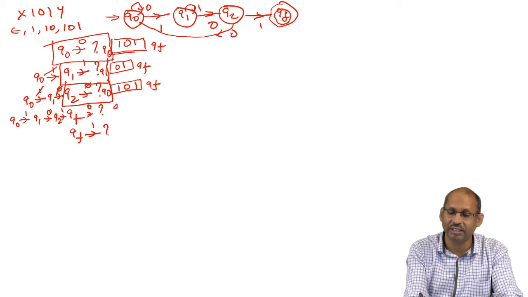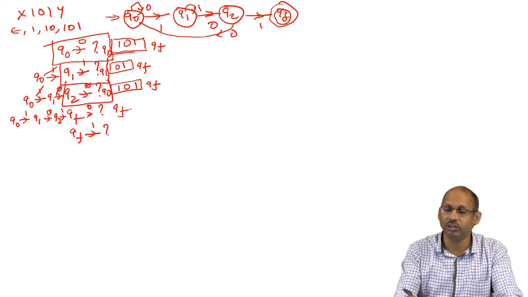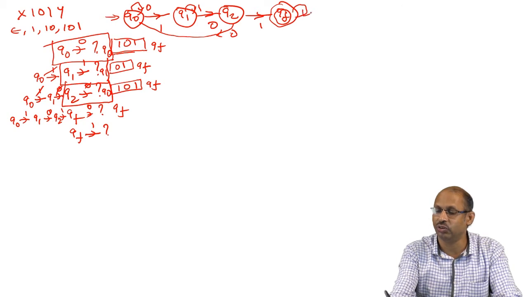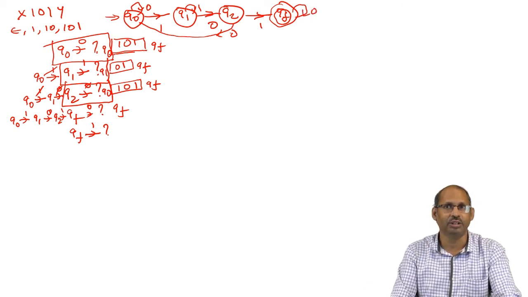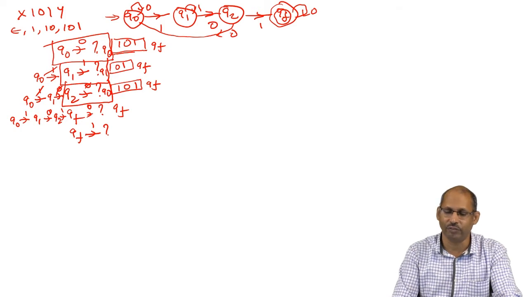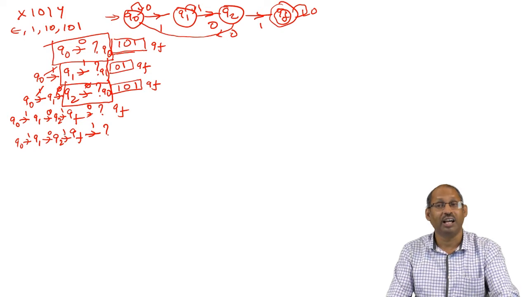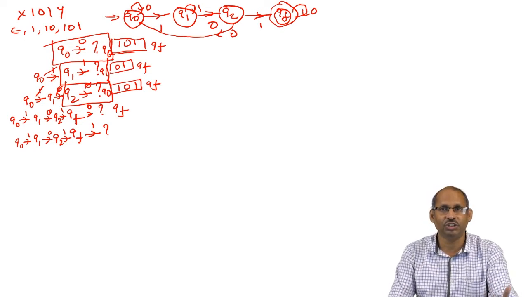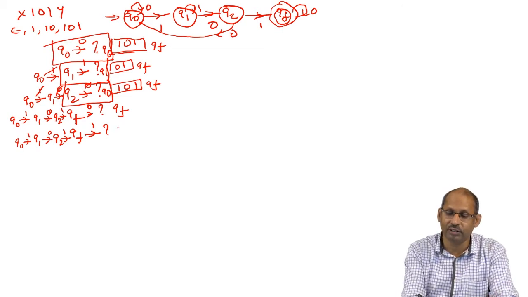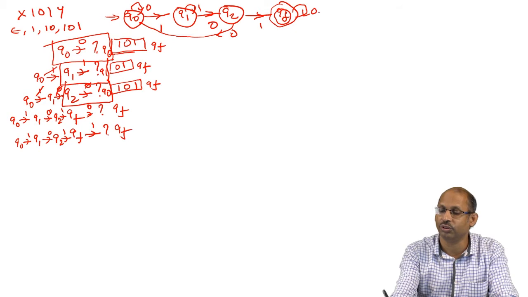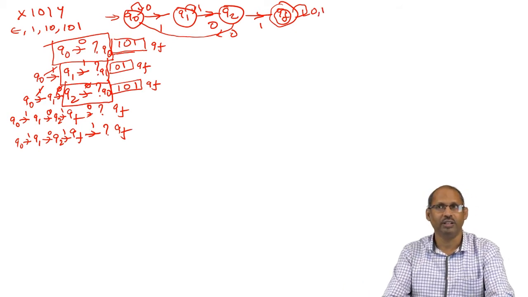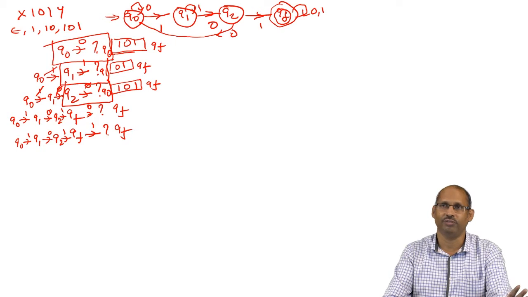So simply we say QF only, because after the condition either 0 or 1 is accepted. Already 101 is there. After the 101, any zeros or ones are accepted. So QF on 0 and 1 simply goes to QF.